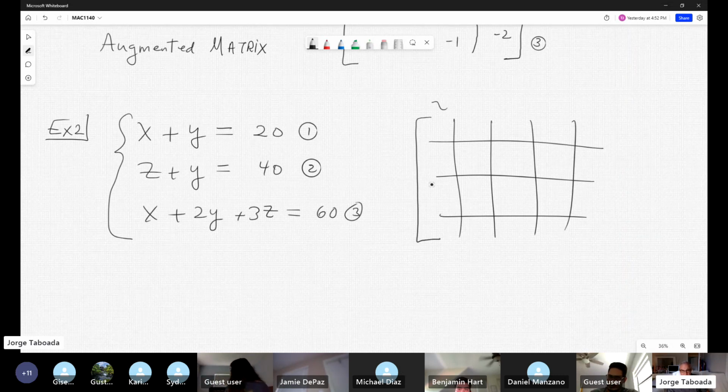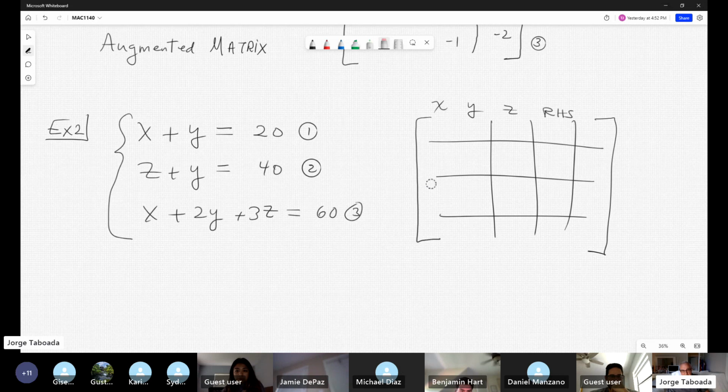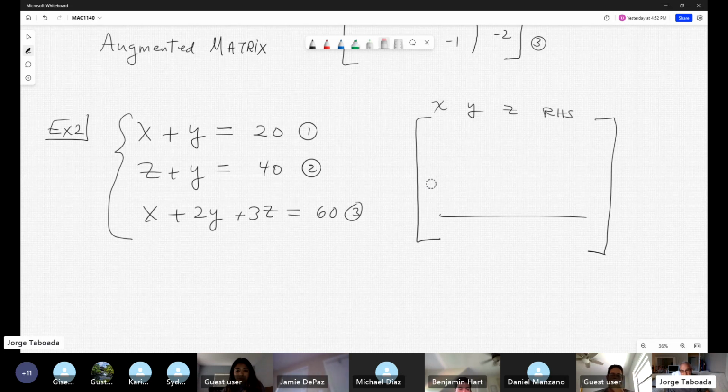The column of the X, the column of the Y, the column of the Z, the column of the right-hand side. Normally, we always use a big square bracket to enclose the numbers inside the matrix. Another book uses parentheses, but I prefer square brackets.